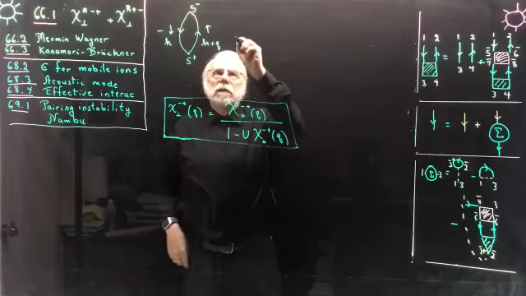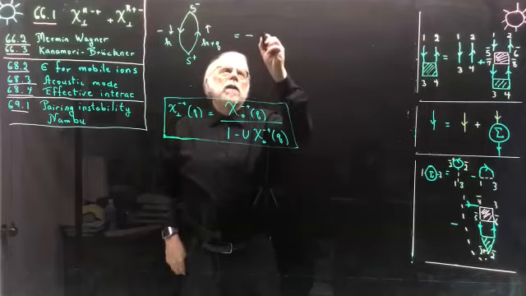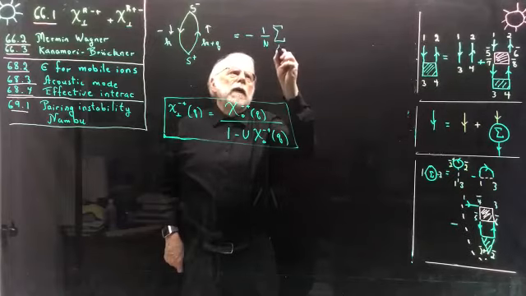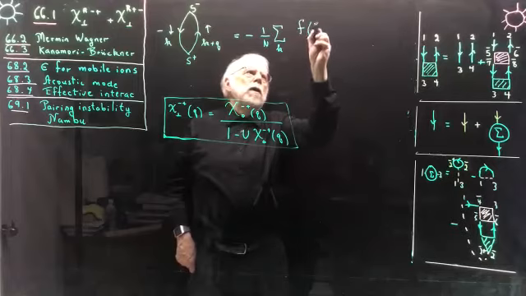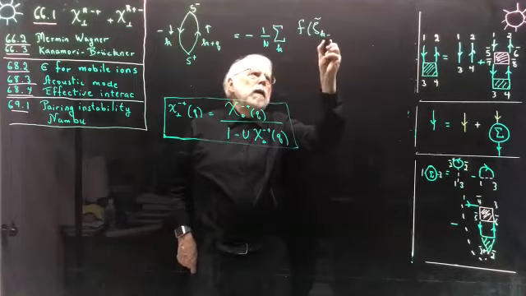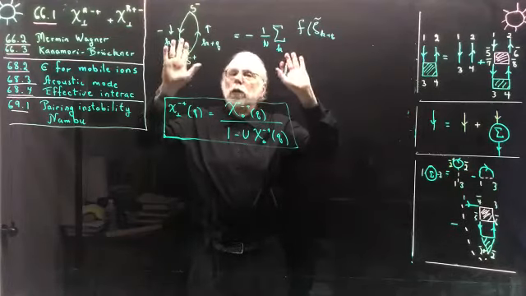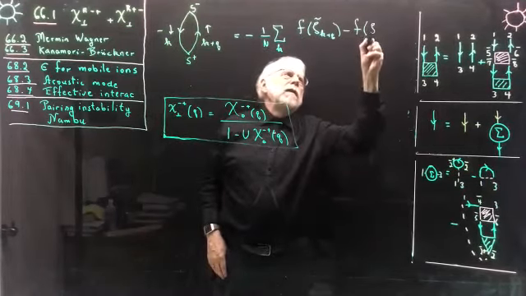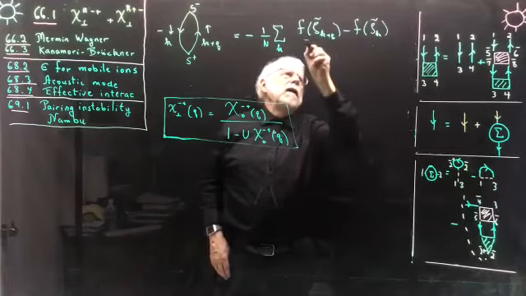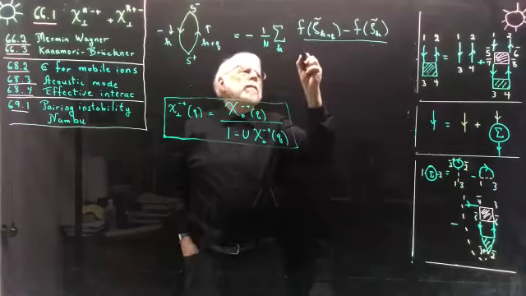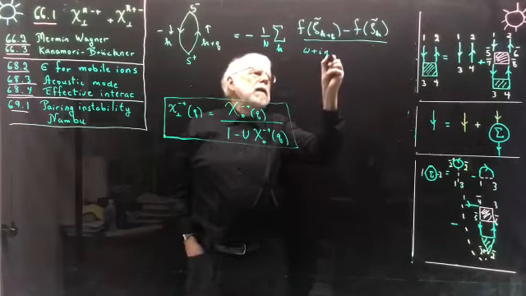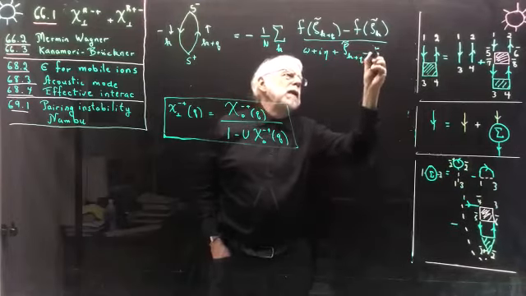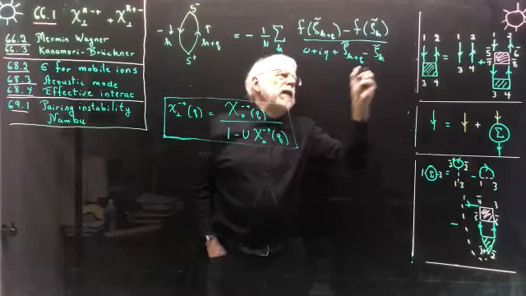So we get that this is equal to minus 1 over N sum over k of Fermi function of zeta tilde k plus Q, and we are in the ordered state here, so we work with our effective Hamiltonian that breaks the symmetry, minus f of zeta tilde of k divided by omega plus i eta plus zeta tilde k plus Q minus zeta tilde of k.